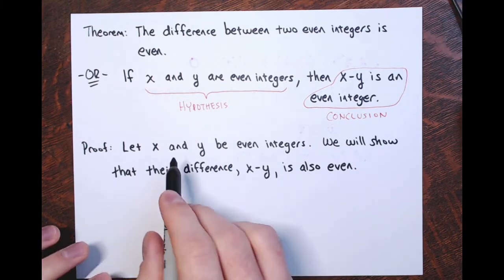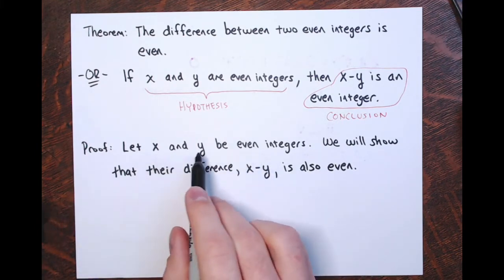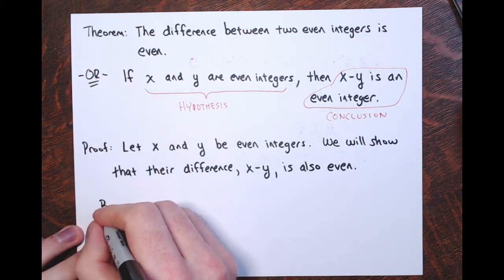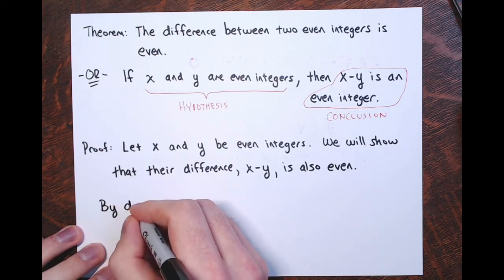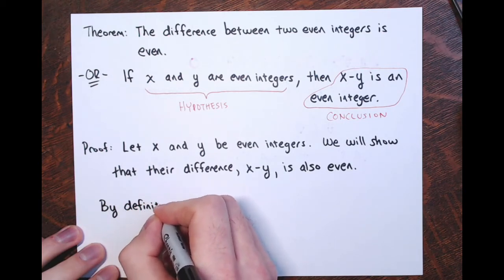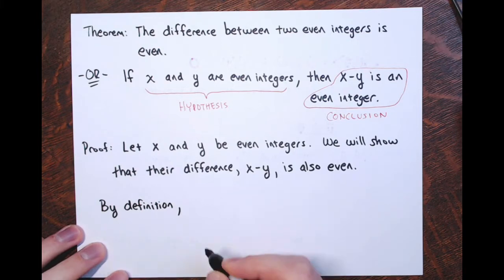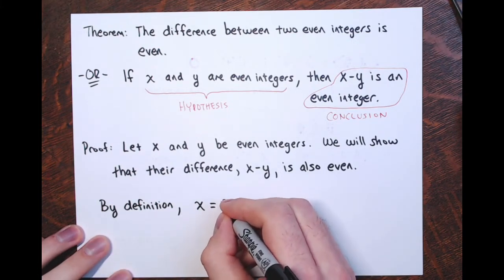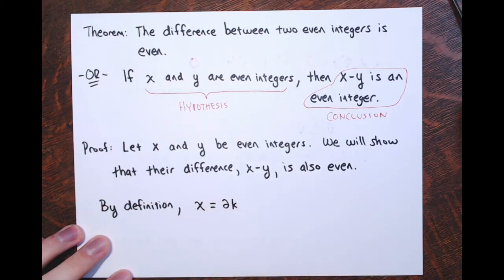All right, so then starting with the assumption, x and y are even integers. So again, what does that mean? We have to use some definitions here. So by the definition of even, x must be equal to 2 times, say, k, and use whatever letter you want as long as it hasn't been used already.